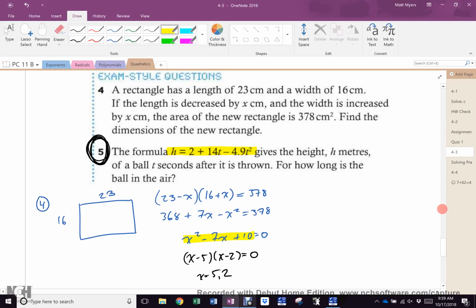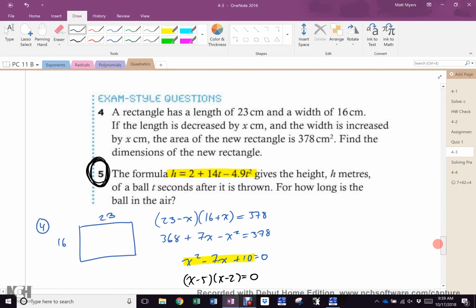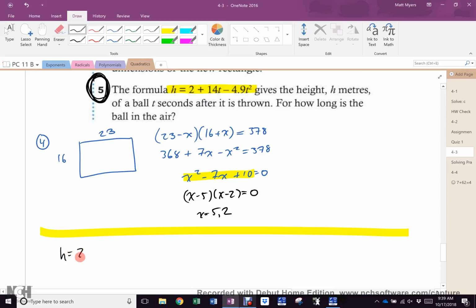So, we are perfectly capable. H equals negative, or what was it? I can't remember. H equals 2 plus 14t minus 4.9t squared.